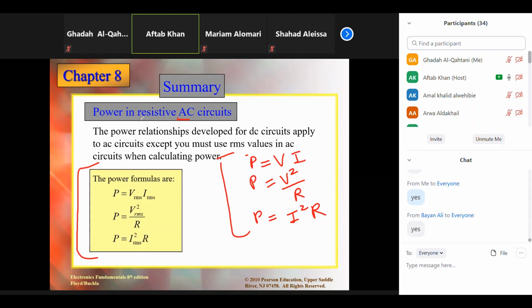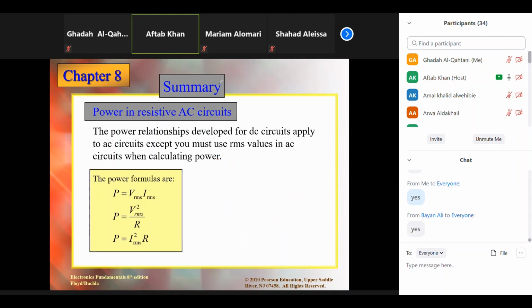The formula is the same: P equals V times I, but it should be the RMS values of the voltage and current. Resistance is a constant value, always. This way you can simply find the power in any resistive AC circuit with the same formula.